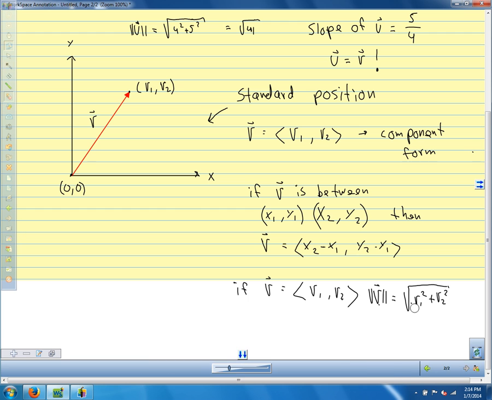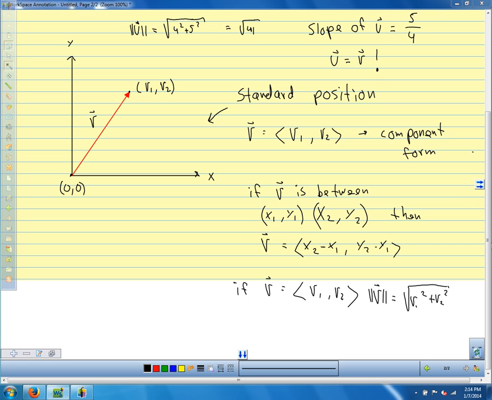I'm trying to work a little harder to make my v's look like v's and not like r's. So if we're in standard position, for our magnitude we just square each component and add them together and take the square root. So questions so far?